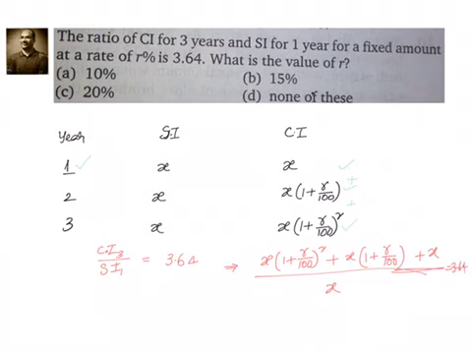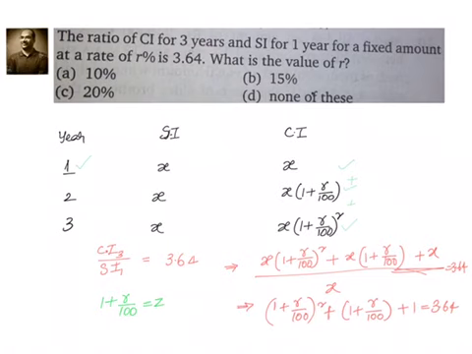It is equal to 3.64. Can I cancel X on both of them? Then I will have 1 plus R by 100 whole square plus 1 plus R by 100 plus 1 equal to 3.64. Now I'll take 1 plus R by 100 equal to another variable Z, so that we can solve this quadratic equation.